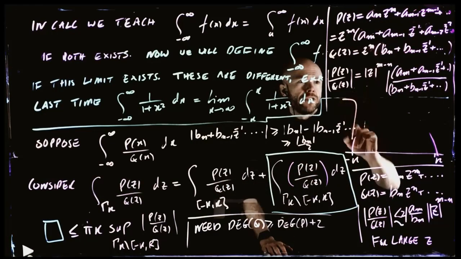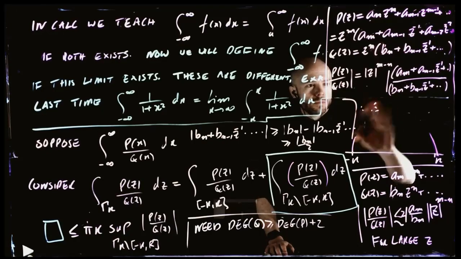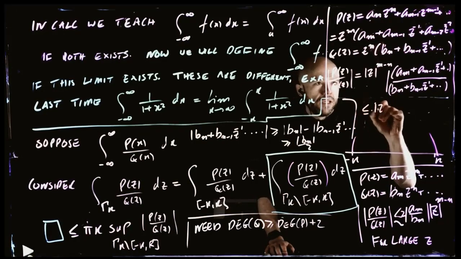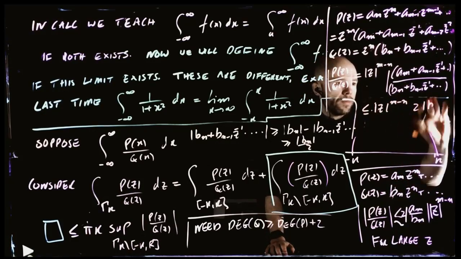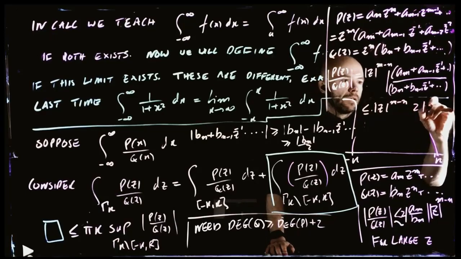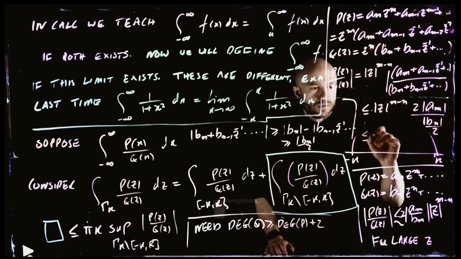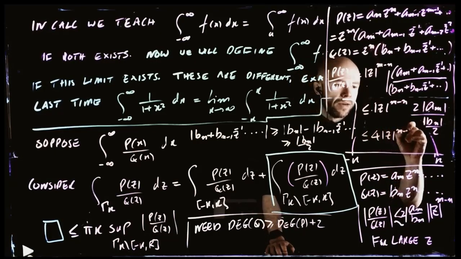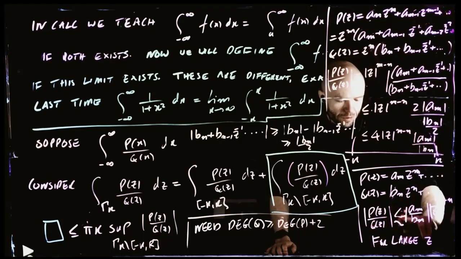So then this entire expression here is less than mod z to the m minus n, and then twice a_m over half the absolute value of b_n, so it's less than 4 mod z to the m minus n, and then this number here, a_m over mod b_n.